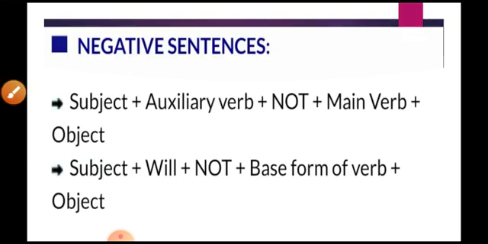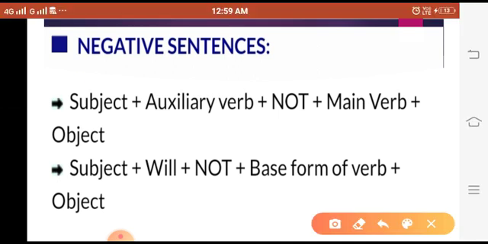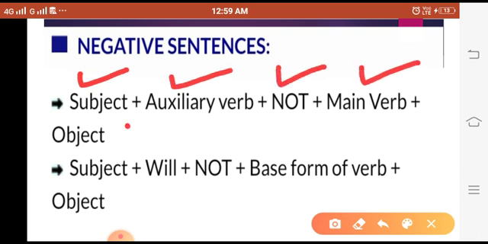Now let's discuss how negative sentences are formed in simple future tense. For that, first we write subject, then auxiliary verb, then not, then main verb, and then object. Subject can be noun or pronoun, it can be singular, it can be plural.